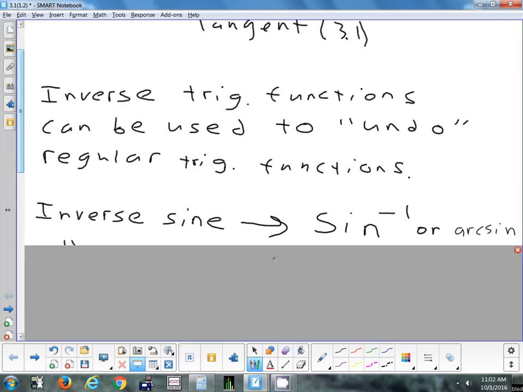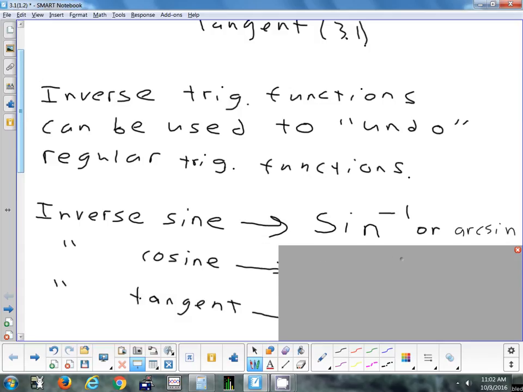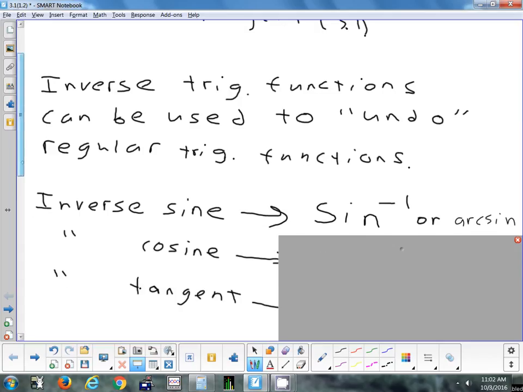All right, so first I'll show you the symbols for what they look like. Inverse sine is kind of long to write out, so we usually don't write it out, we use the symbol. It looks like a sine with a -1 where you'd think an exponent would go. But that -1 is not an exponent. It's just in the spot where an exponent would be, which is kind of confusing.